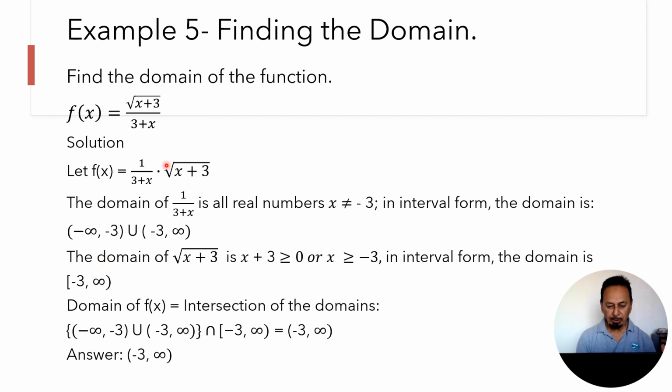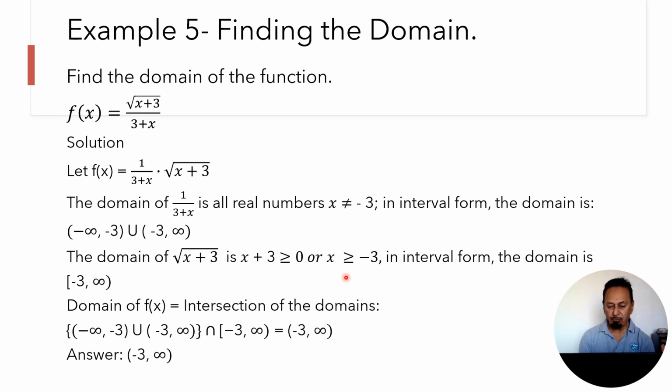Now we find the domain of the square root of x plus 3. It's an even index root. So to find the domain, we take the radicand x plus 3, set it greater than or equal to 0, and then solve for x. If you move the 3 to the right, it becomes x greater than or equal to minus 3.